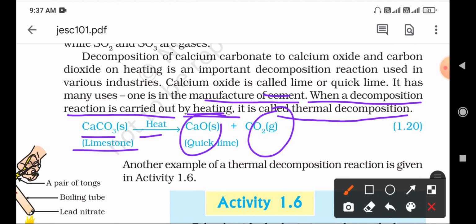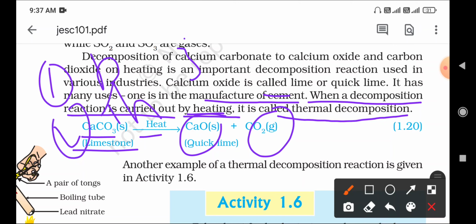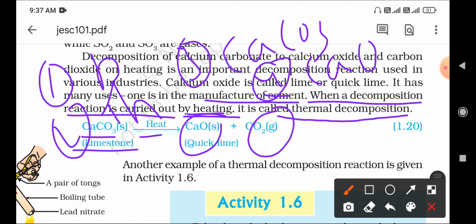Remember these points: decomposition reaction with example, thermal decomposition, the chemical name of calcium carbonate, popularly known as limestone, and calcium oxide is used in the manufacture of cement. These 4-5 points you have to remember while studying the decomposition reaction.